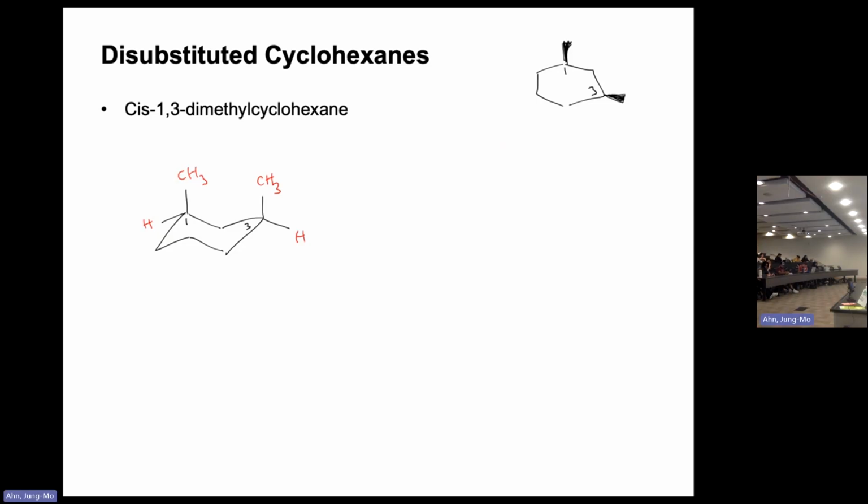Chairs interconvert by raising these corners up and raising the other corners down. By raising this one up, that CH3 in the upper side is still going to be on the upper side. What that means is that it's going to be in the equatorial position. That axial substituent is going to flip down, but still take an upper side because we put in the wedge there. That's still taking the upper side, and then that's taking the equatorial position.